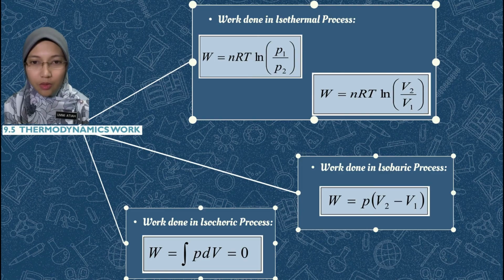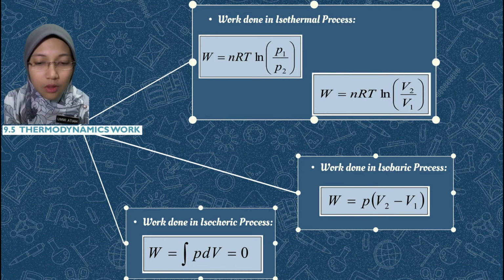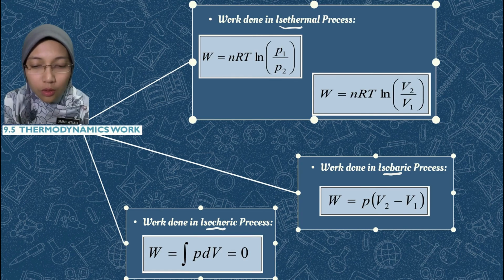Now it comes to the last subtopic of this last chapter of this semester, that is thermodynamic work. For your information, we have the equation for the work done for the isothermal process, isobaric, and also isochoric. So this is the equation for the isothermal process. The temperature is constant, so you can express your equation in terms of pressure, P1 over P2, or in terms of volume, V2 over V1, ln V2 over ln V1.